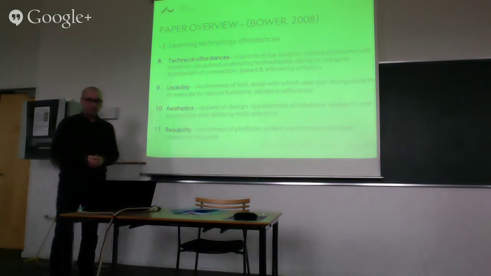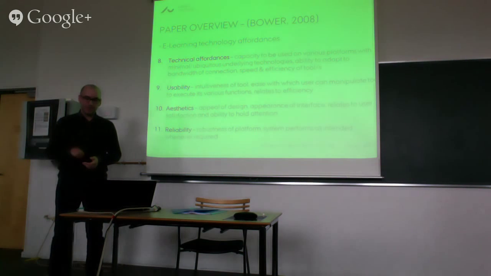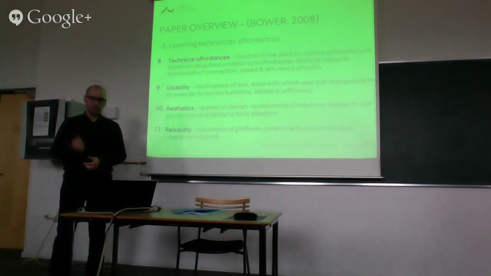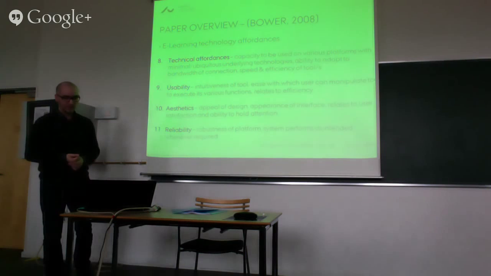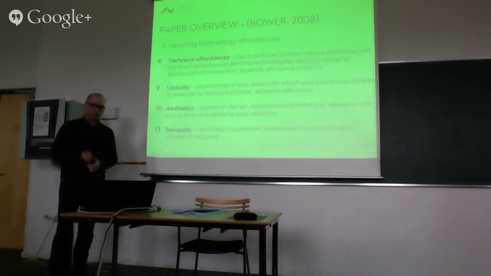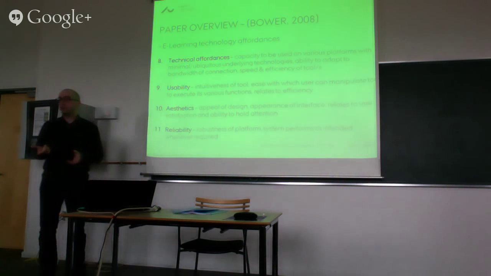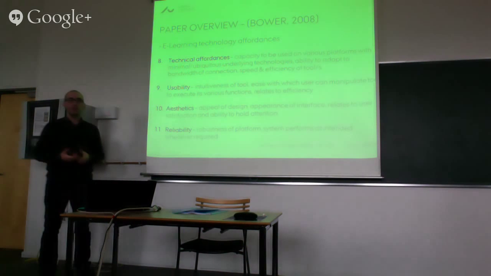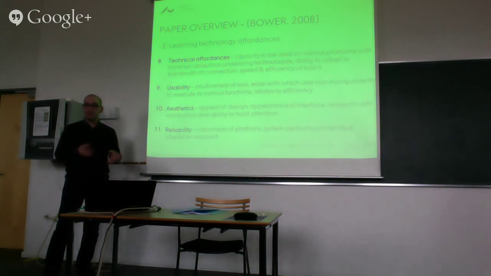So, number 8, technical affordances. Capacity to be used on various platforms with minimal or reduced underlying technology, ability to adapt to bandwidth of connection, speed, and efficiency of tools. You cannot change that because you're not going into the technology to change that. If you were in computer science, I would say do it.